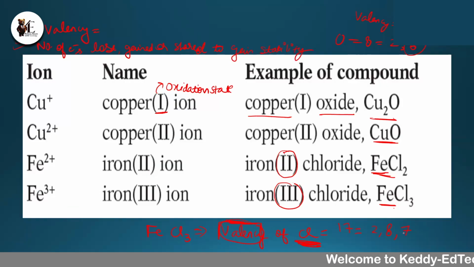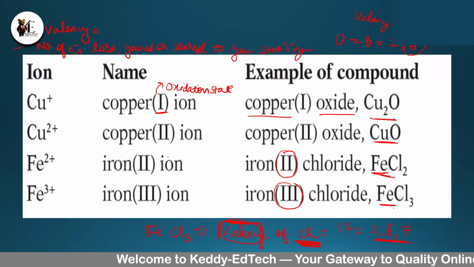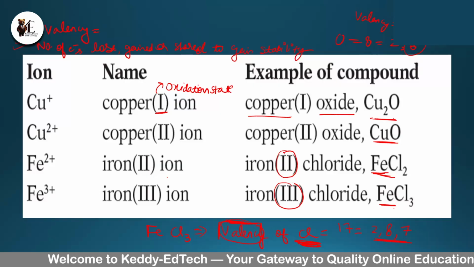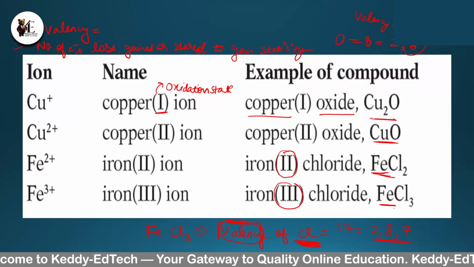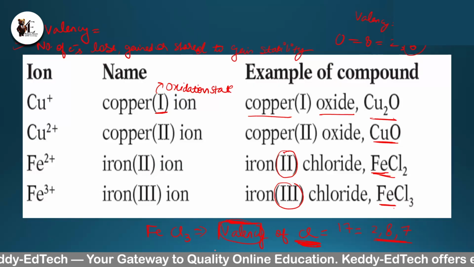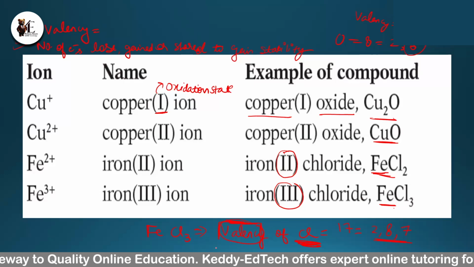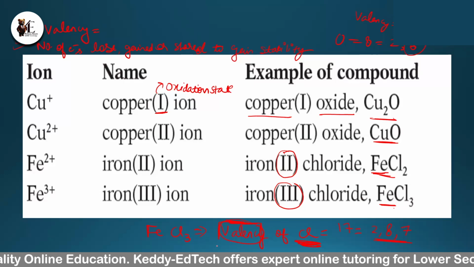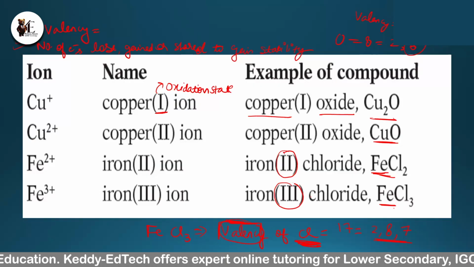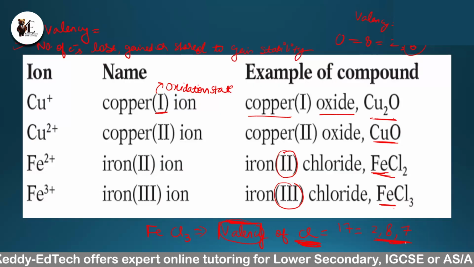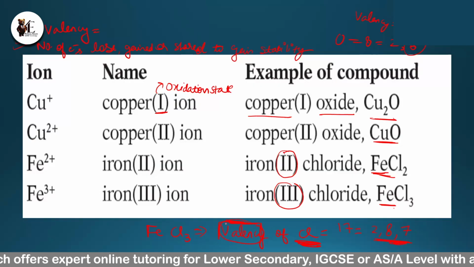So how many electrons does chlorine need to become stable? 1. Yes, so what should be its valency? Two, 8, 8. It needs 1 electron to achieve stability, so its valency is 1.